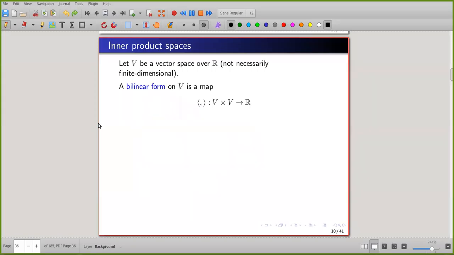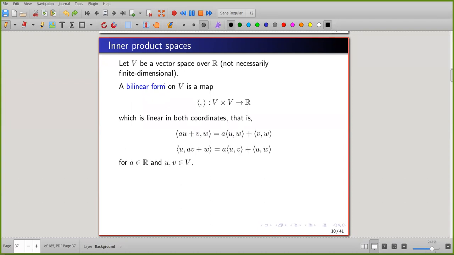So we take a vector space V over R, not necessarily finite dimensional. A bilinear form on V is a map from V cross V to R. And as the name suggests, bilinear means it is linear in both coordinates. If we fix any w in V, then this gives rise to a map from V to R, and this map should be linear.